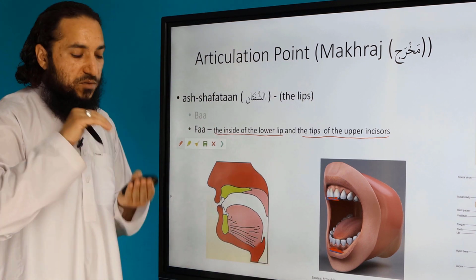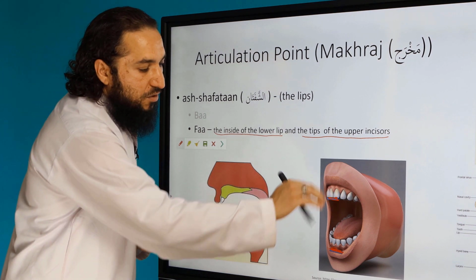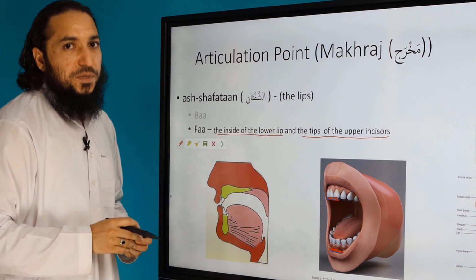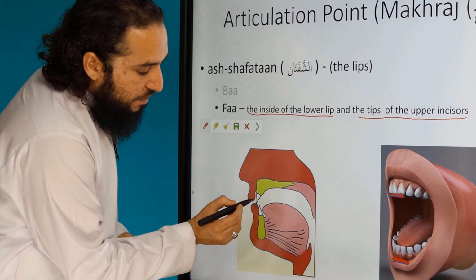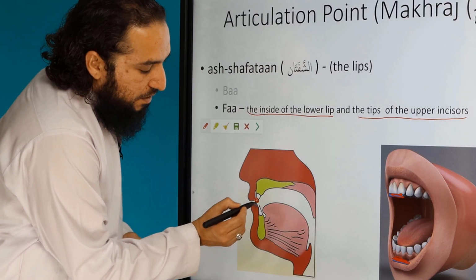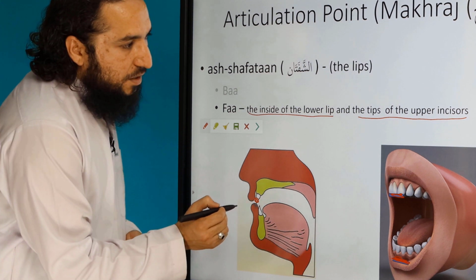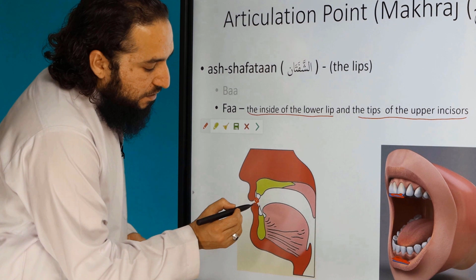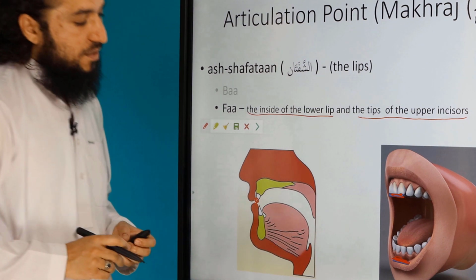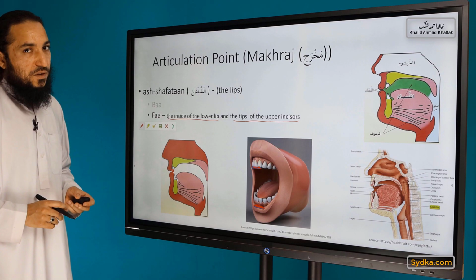When you're pronouncing it, the incisors sit on the lower lip, creating the sound fa. That's how it is produced, the sound of fa.